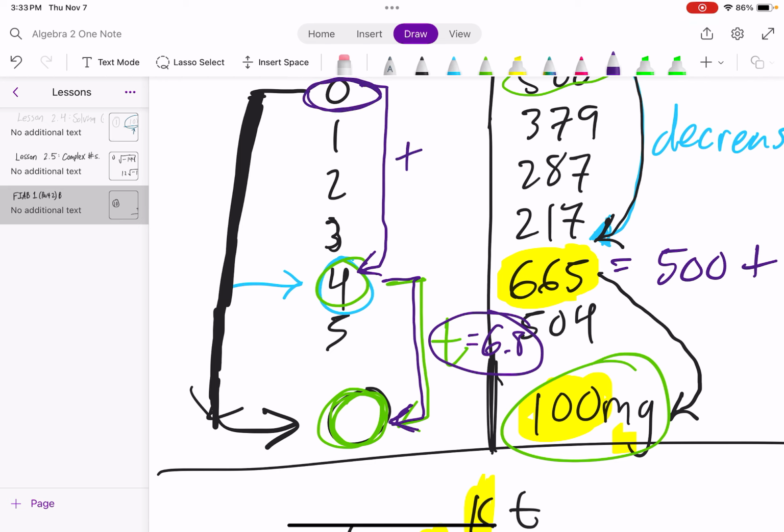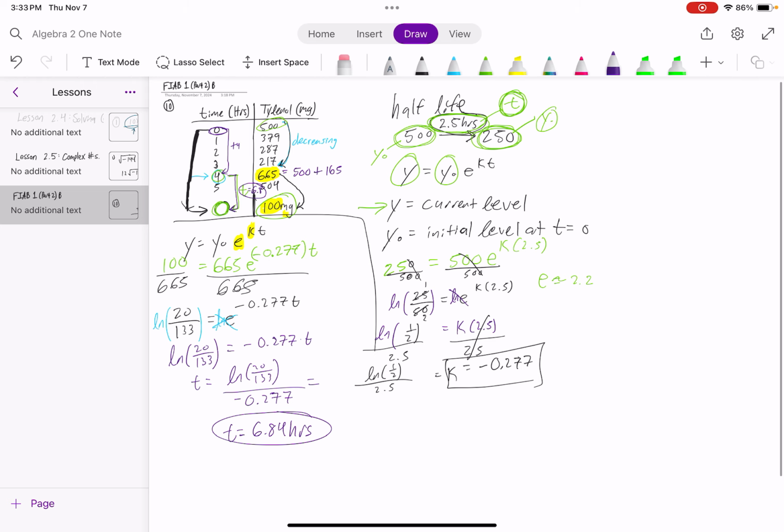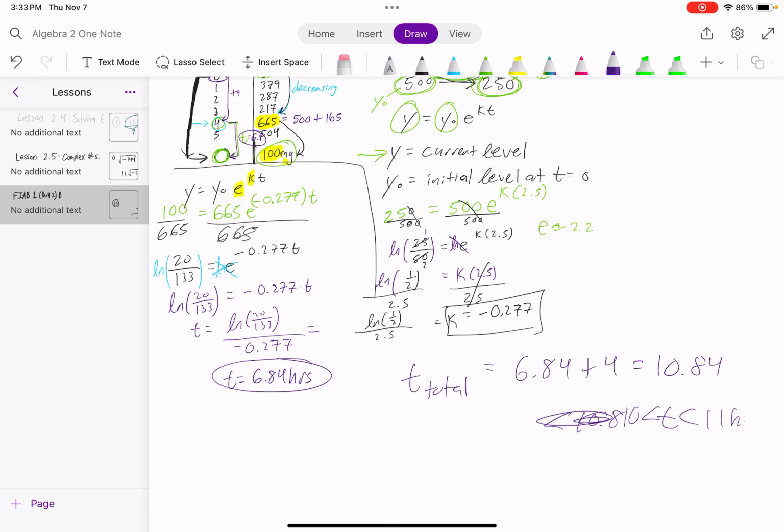So we need to add another 4 hours to that. And so 4 plus 6.8 time total is 6.84 plus 4, which is 10.84, which is between, right? Time is between 10 and 11 hours.